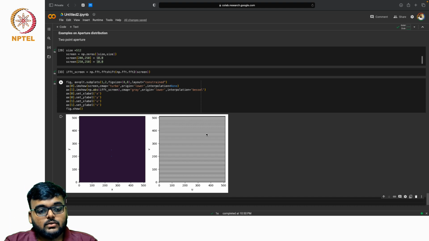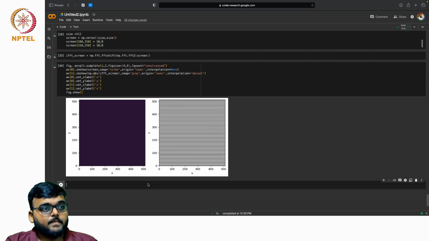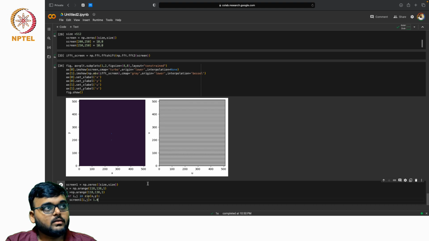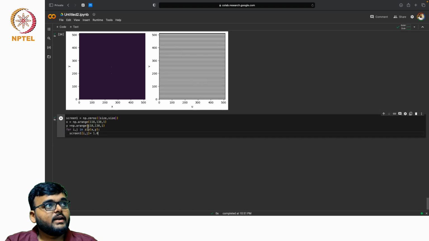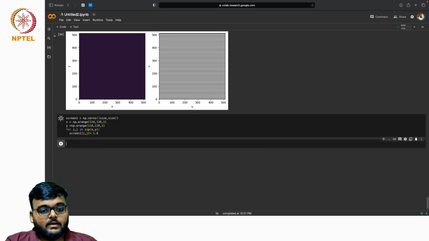Similarly, we will see if we have a thin wire screen, or thin wire aperture, what will happen? So we are defining a thin wire here, and let's see how the thin wire aperture looks.